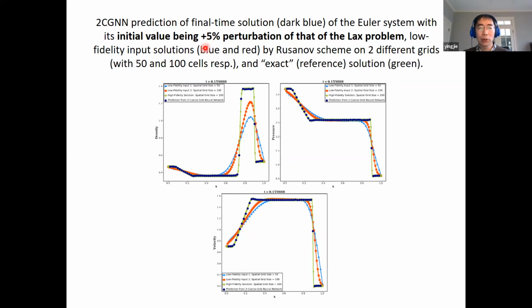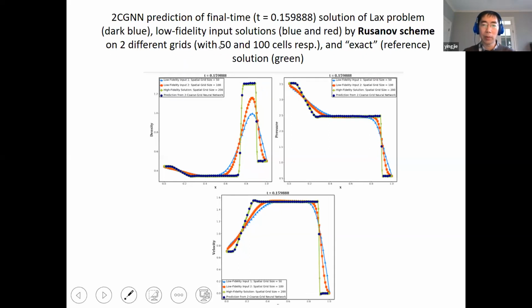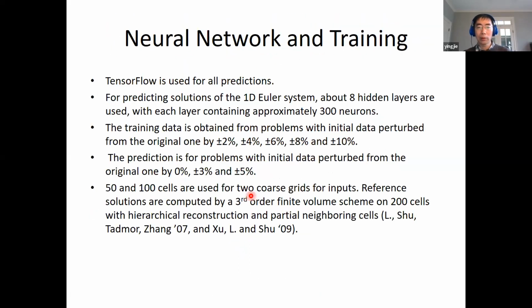This time we predict the solution with the initial data being a 5% perturbation of the original Lax problem. So we obtain the same result. Very good. This 5% perturbation of the initial data corresponds to this one. So we predict at the 5%. This is not the original Lax problem. It's a 5% perturbation of the initial data of the Lax problem. With this training, we can predict pretty well.